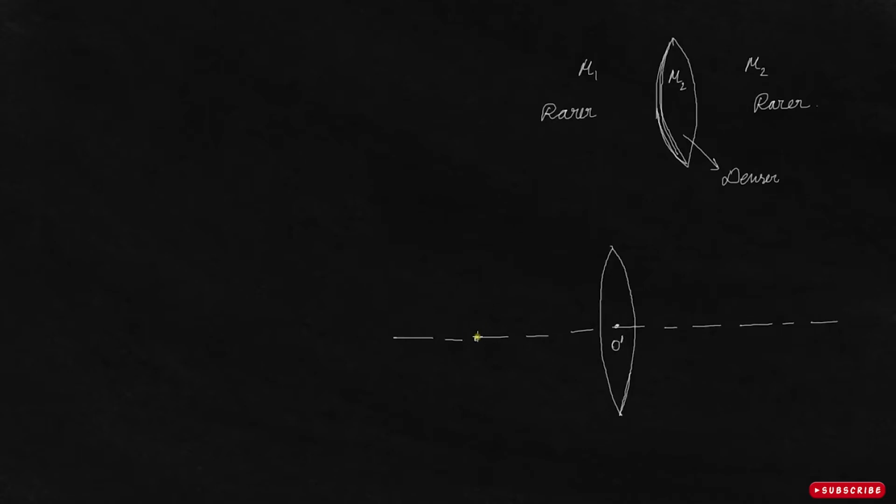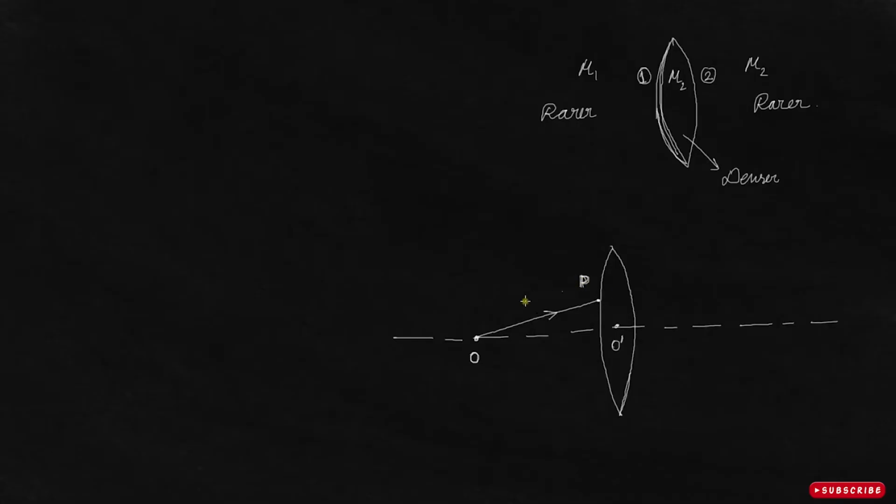And let me place an object O in here, and the light from the object first reaches the first surface. This is the first surface and this is the second surface. Let me mark this point as P.